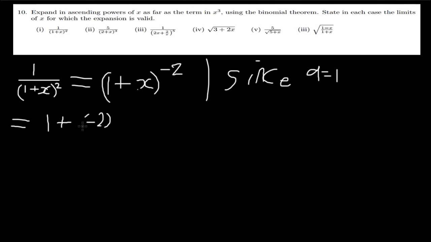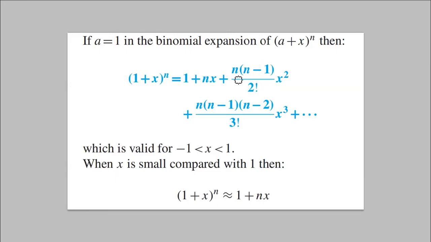This is my n, and then my x there is the same x. And then I'll write plus n, then n minus 1 over 2, and then x squared. I'll go on like that.